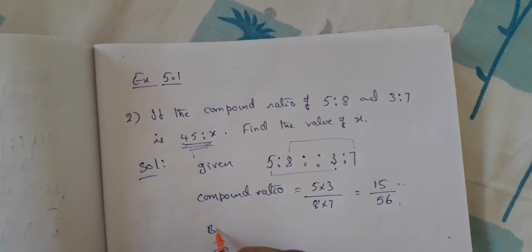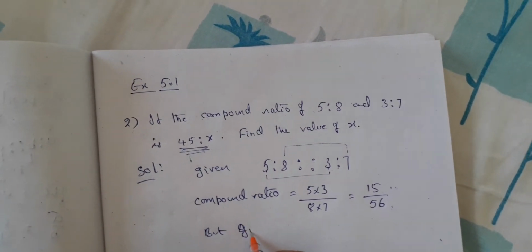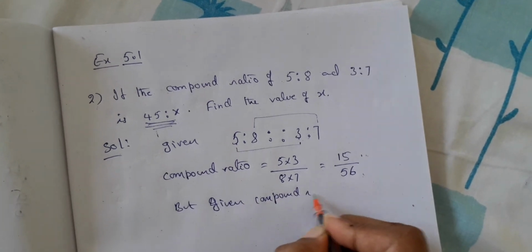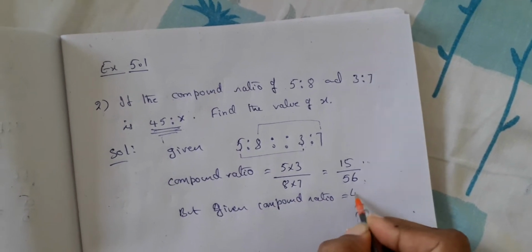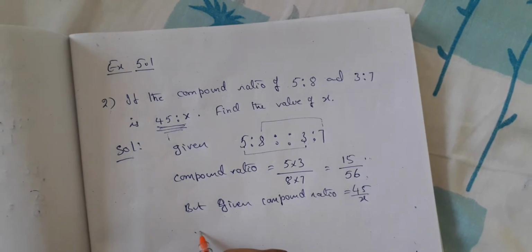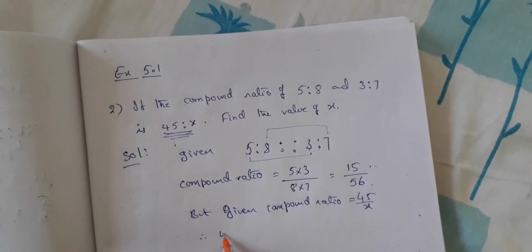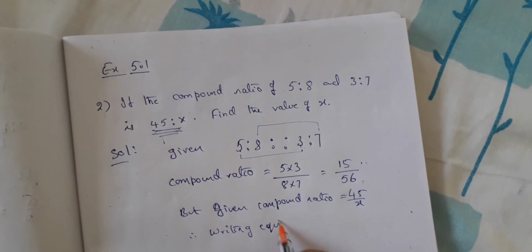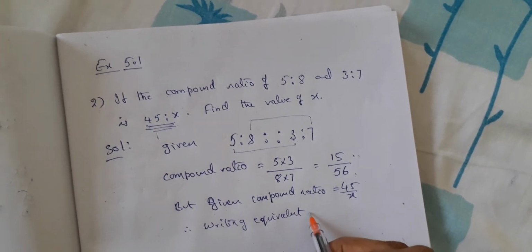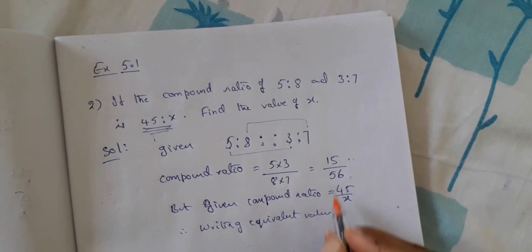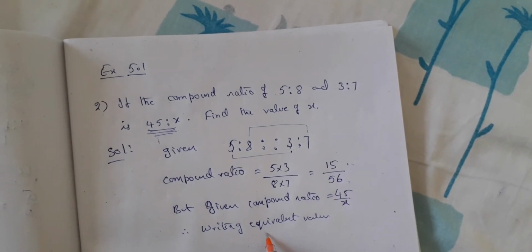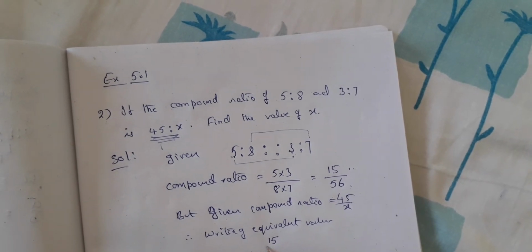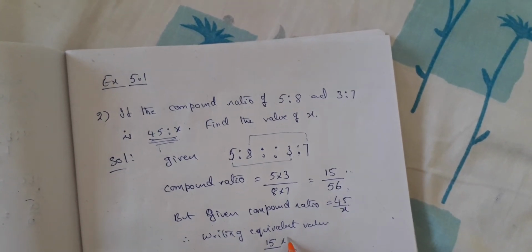But given the compound ratio is equal to 45/x. So therefore, writing the equivalent values, here we have 15 multiplied by 3 gives you 45.